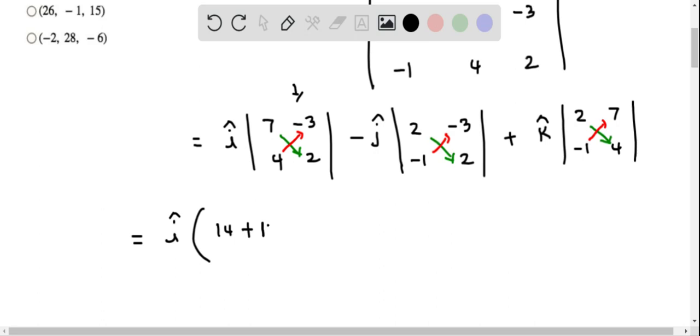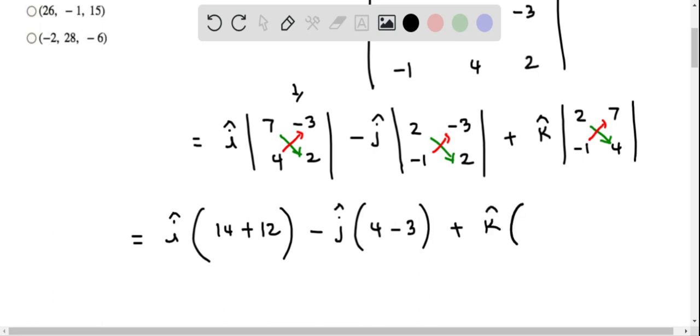So this is going to be positive 12. Then negative j multiplied with 2 times 2 is 4. We then put minus negative 1 times negative 3 is positive 3. So this is 4 minus 3, plus k unit vector times 2 times 4 is 8. We put minus, and negative 1 times 7 is negative 7, but this one is going to be positive 7.